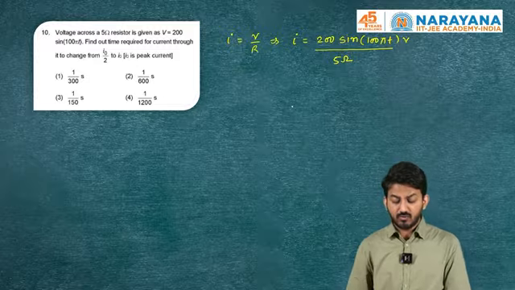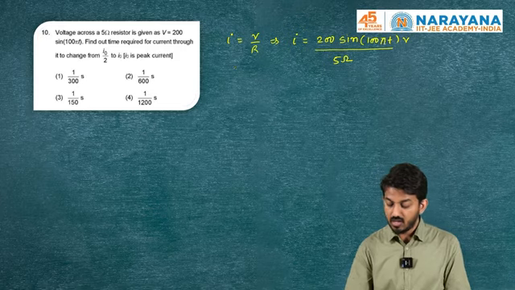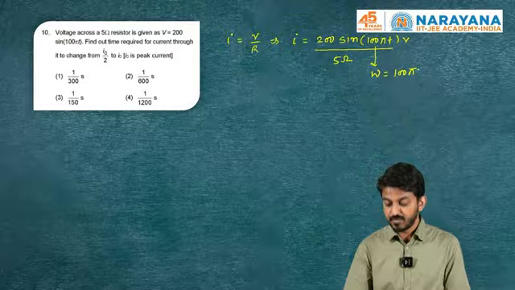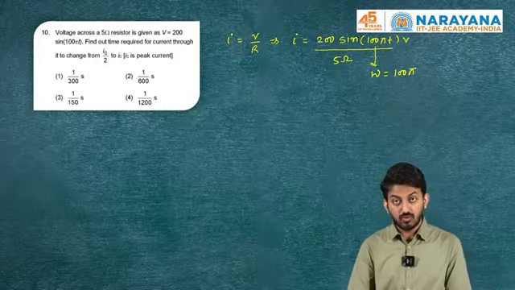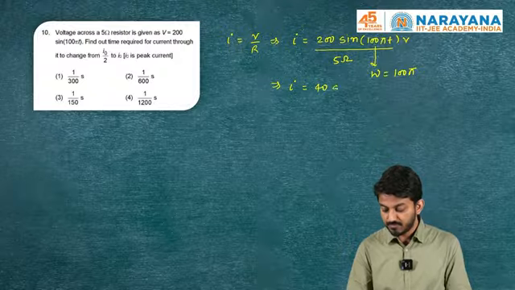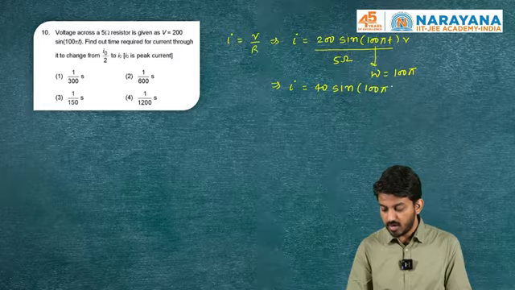Now, they're asking for the time. Looking at this here, we can relate this 100 pi thing as omega. From here, angular frequency of the function here is 100 pi. Now, we want the current to go from I naught by 2 to I naught. So, if I go further, I write down 40 sine 100 pi t ampere.